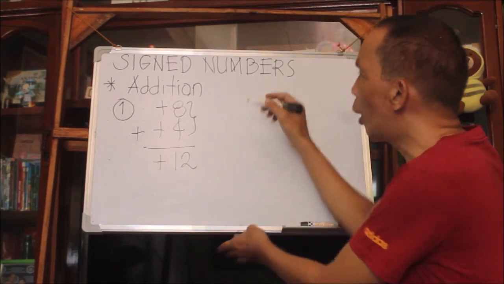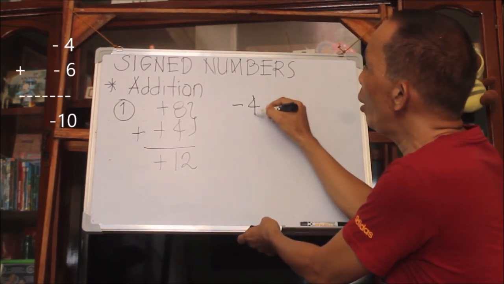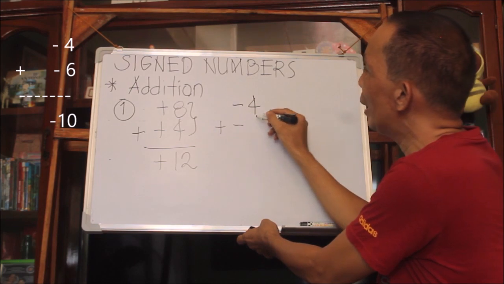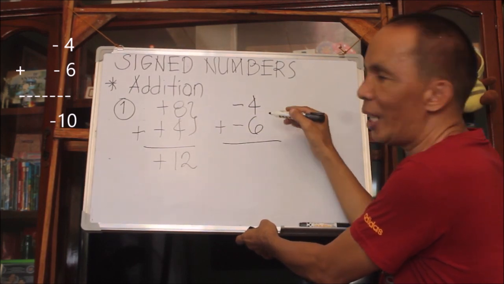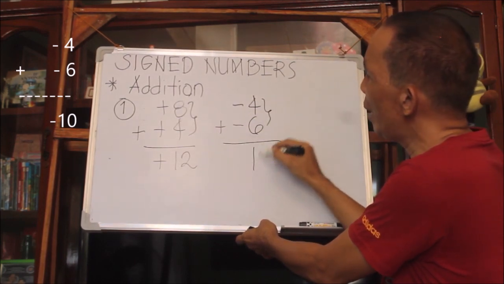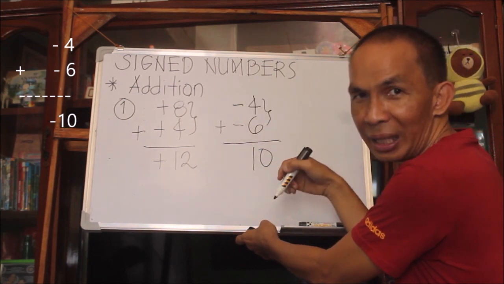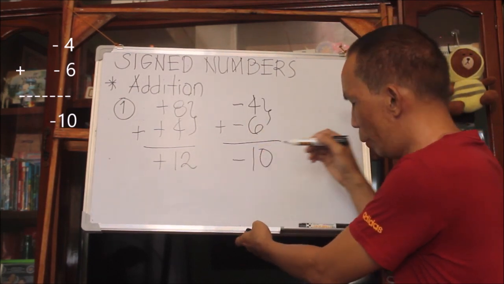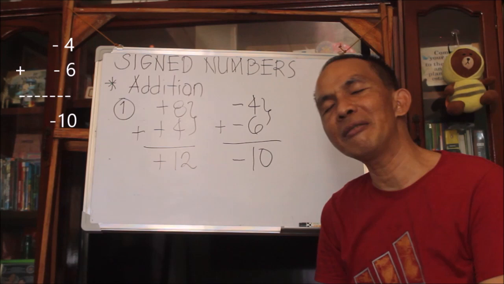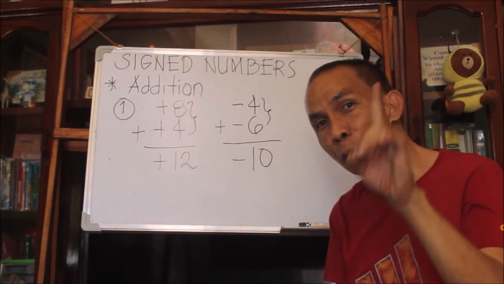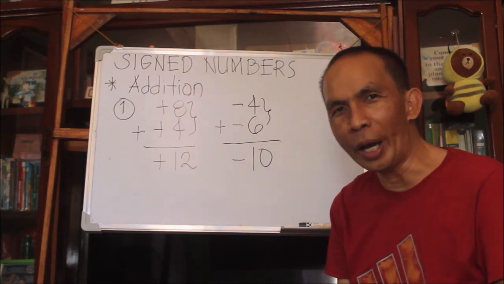Another example, negative 4 plus negative 6. Add the numbers, which is 10, then copy the sign, which is negative. So the answer is negative 10. That's rule number 1.